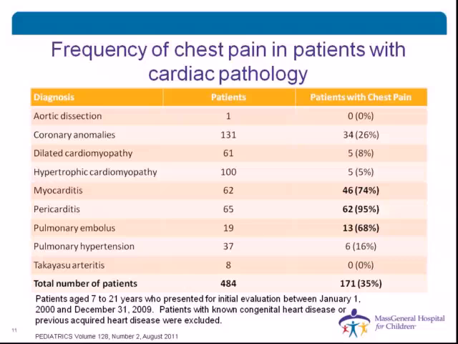Cases that did have an underlying cardiac disorder that were associated with chest pain were more frequently pericarditis. 95 of that patient population presented with chest pain, myocarditis, and pulmonary embolus.